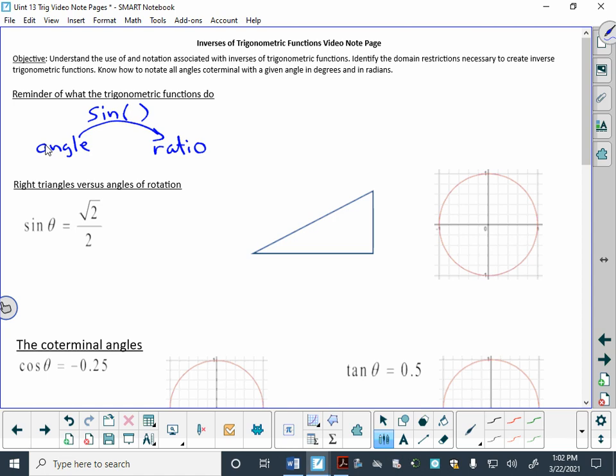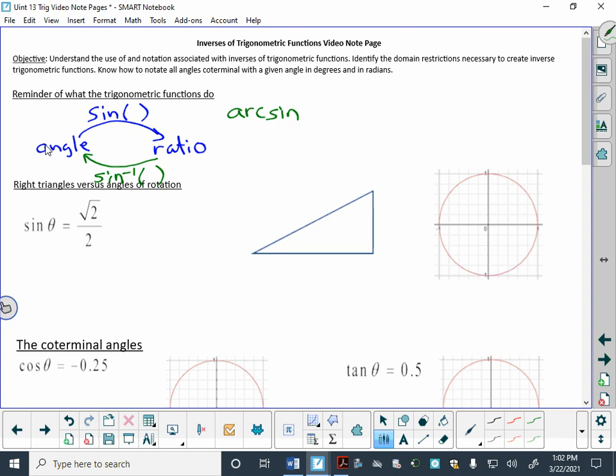It's important to remember because what we're looking for when we do an inverse, and we've talked about inverses before, we know that involves coming back this direction, and our notation for that is going to be sine with a little -1 up there. Sometimes you will see it written arc sine.